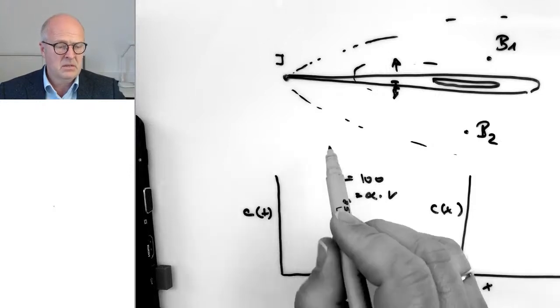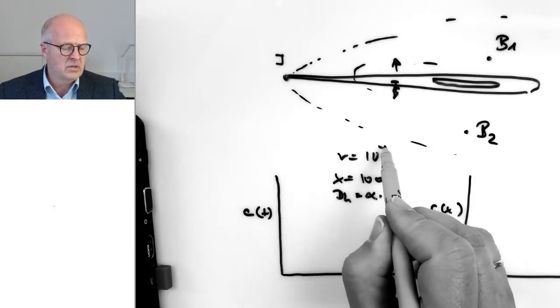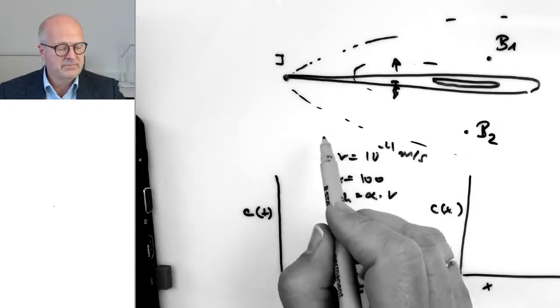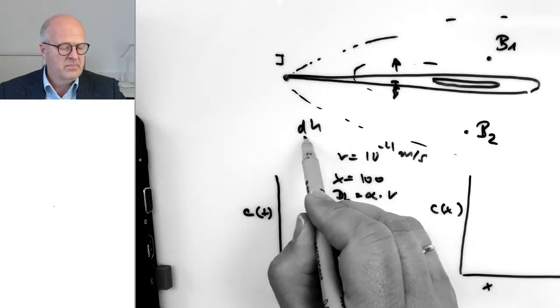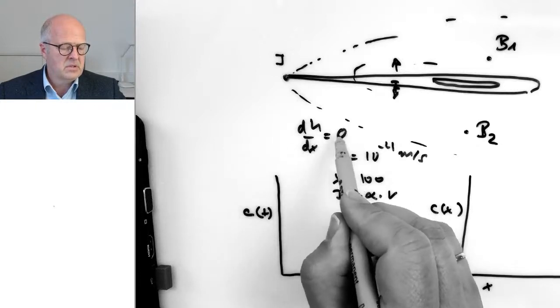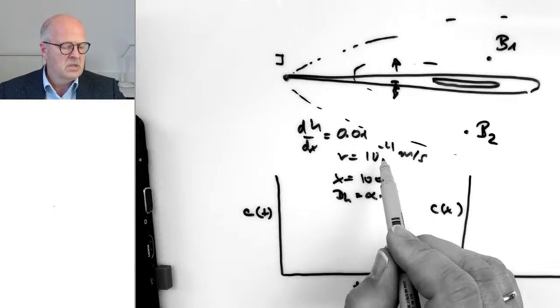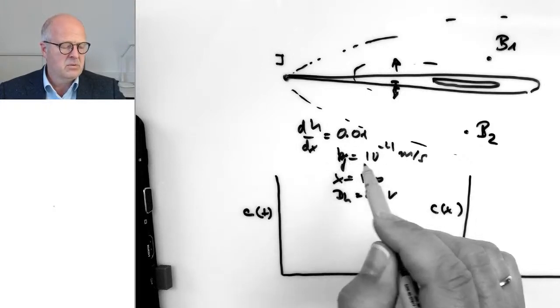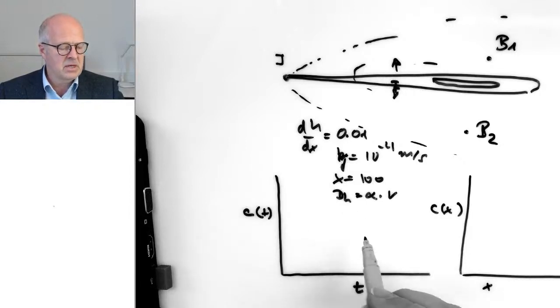Let's say the velocity is 10 to the minus 4 meter per second. Then we have a gradient, 0.01. So this is the kf value, sorry. So my real flow velocity is then 10 to the minus 6.